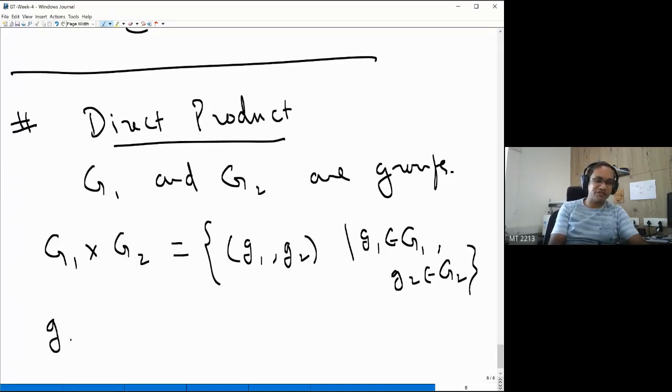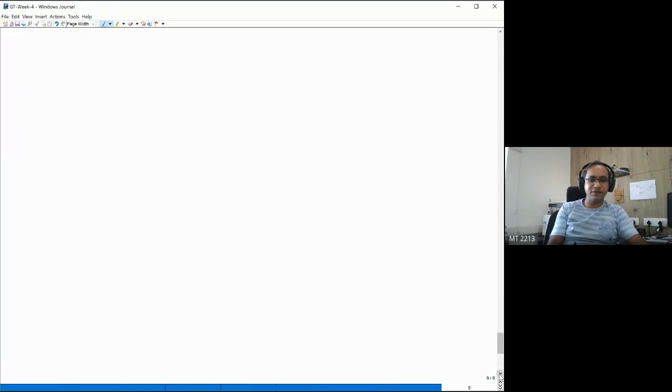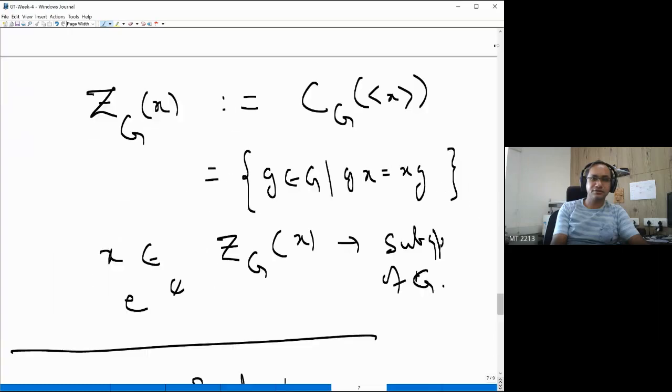Suppose I have an element (g1, g2) and another element (h1, h2).